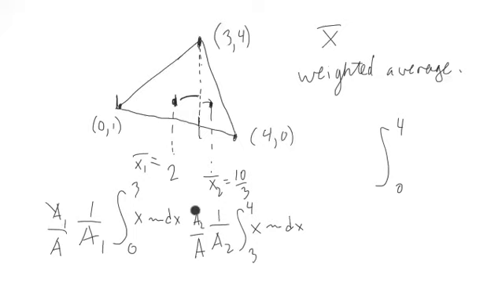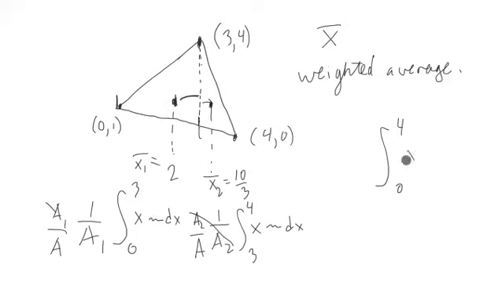The A1s cancel, A2s cancel, we get 1 over A, 1 over A, and we can add these. Then we have a constant that we can factor out, and we can add these two integrals, or at least we can connect them because of the bounds, and just let this little squiggly denote whatever the dm is as it changes from here to here.